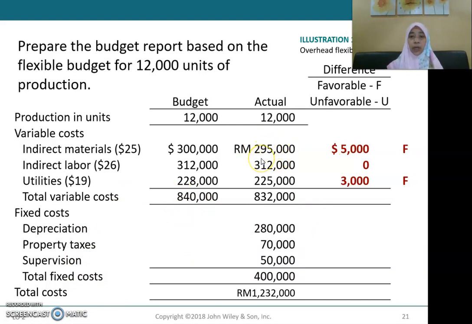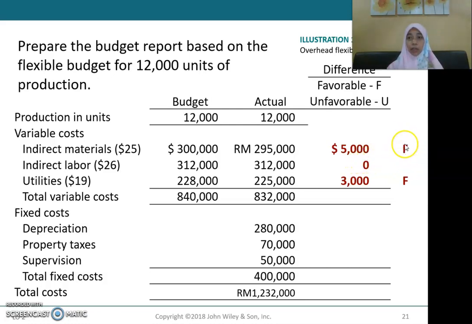Here you are already being given the actual data for indirect materials, indirect labor, and utilities. You are being given the same thing as the static budget that you have done just now, but you flex your budget so that it reflects the 12,000 units level of activity. Now you compare 300,000 and 295,000. What have you found? The difference is 5,000, but this difference is favorable.